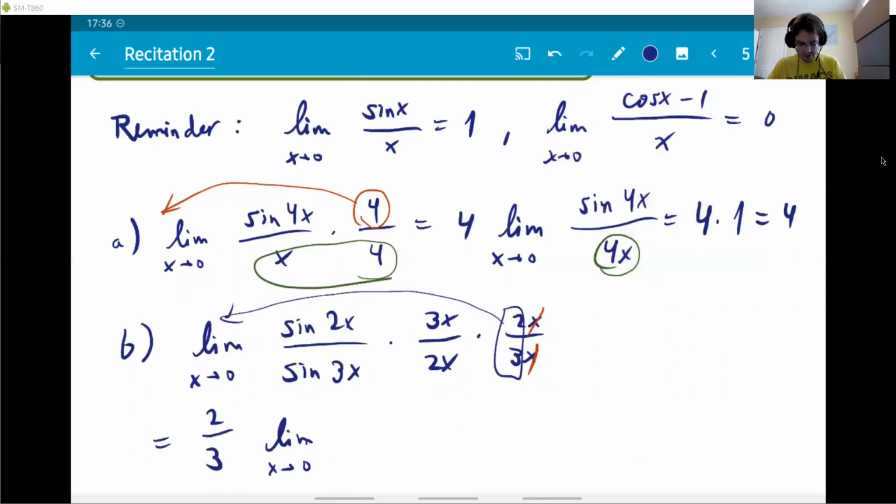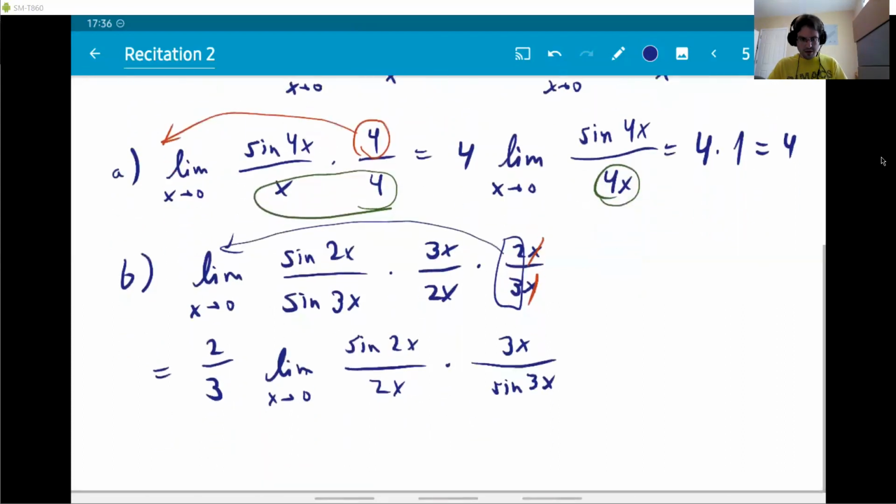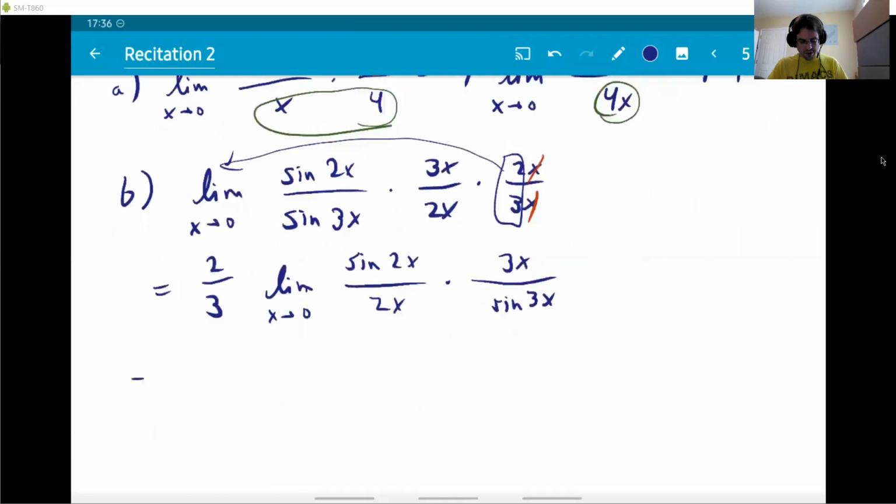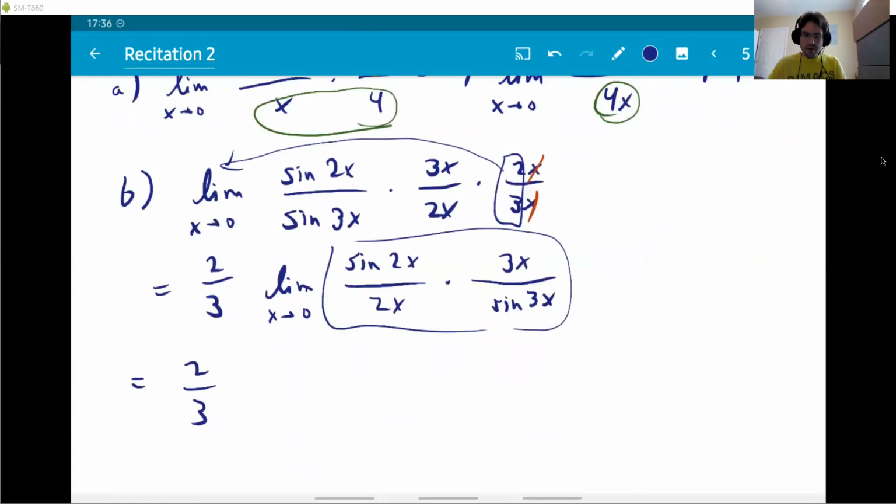And now the other things that are left inside of the limit, you have a sine of 2x over 2x. And then you also have a 3x over sine of 3x. Now we're basically done. If you look at the expression inside of the limit, it's a multiplication of two functions, and both of them have a limit.